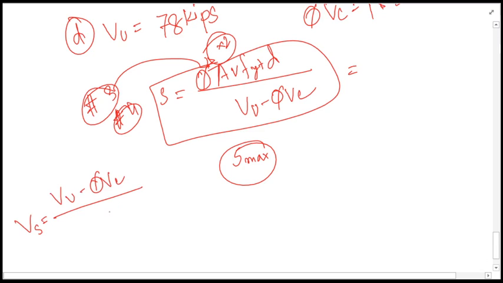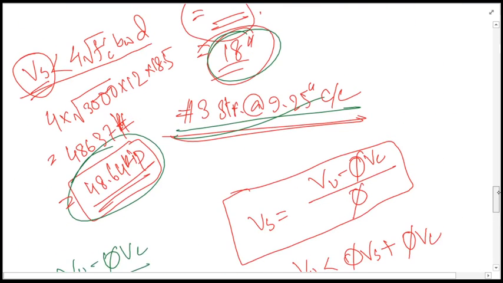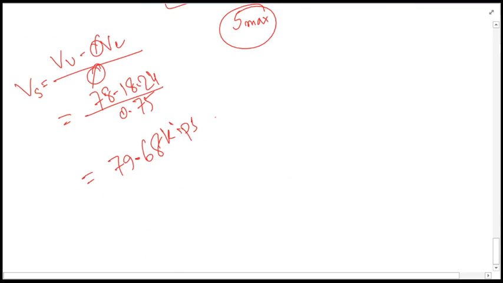Vu minus phi Vc divided by phi, and in this case that will be 78 minus 18.24 divided by 0.75, which gives you 79.68 kips, and which is obviously greater than 4 root fc prime bwd, 48.64.